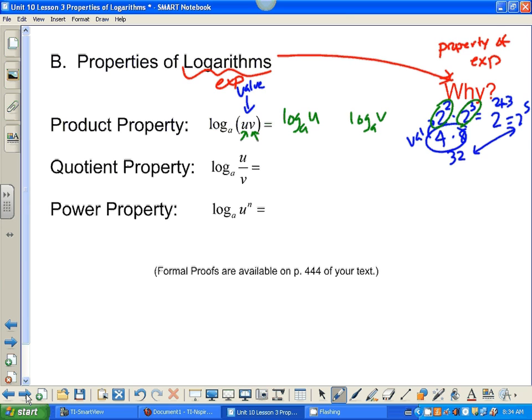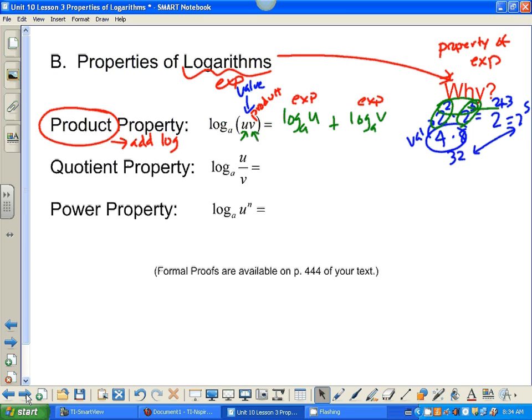But notice up here, I added my exponents, so I have to add the logs. Remember, this represents an exponent, this represents an exponent, and you're taking a product of the values. So just like you would do with properties of exponents, it applies to properties of logs. So when you have the product property, you add the logarithms when you give each value its individual log.